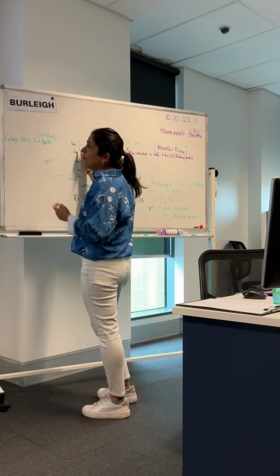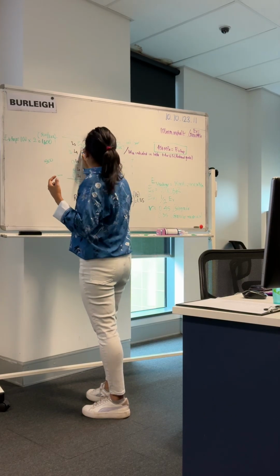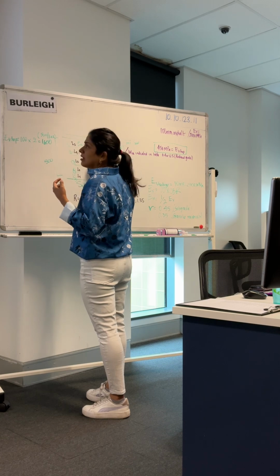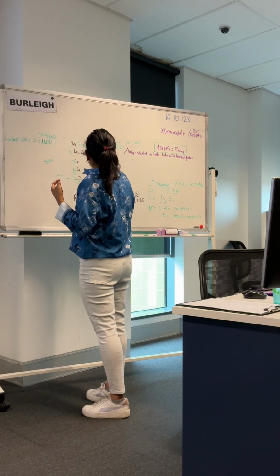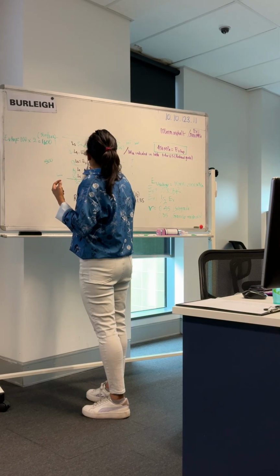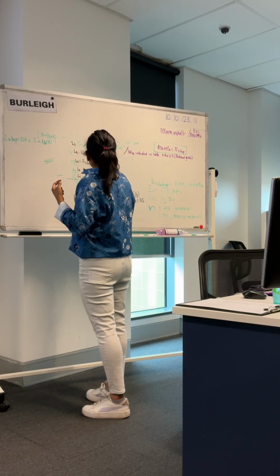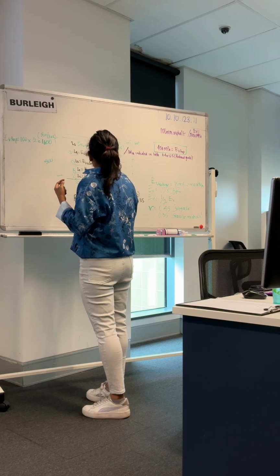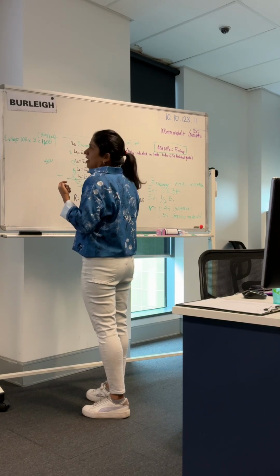So layer 4 is going to be EV of the subgrade times R to the power of 4. This one will be EV of the subgrade times R to the power of 3. EV of the subgrade times R to the power of 2. And EV of the subgrade times R to the power of 1.